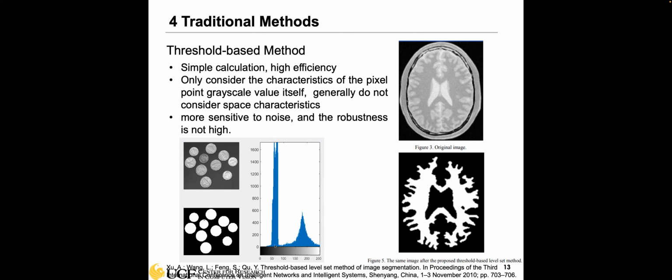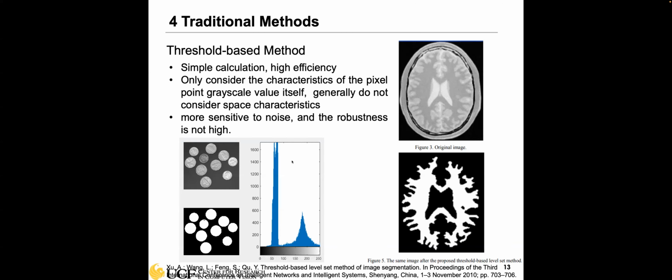Maybe I have a lot of pixels that fall into the region of 50 to 100. You can see there's a peak right here. You may also see another peak, of pixels falling into 150 to 220-ish. These are the two majority groups of pixels.